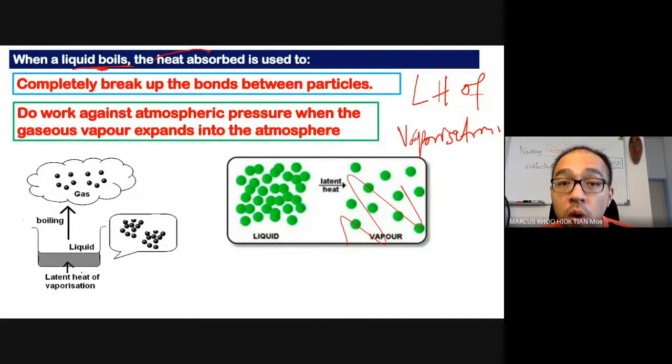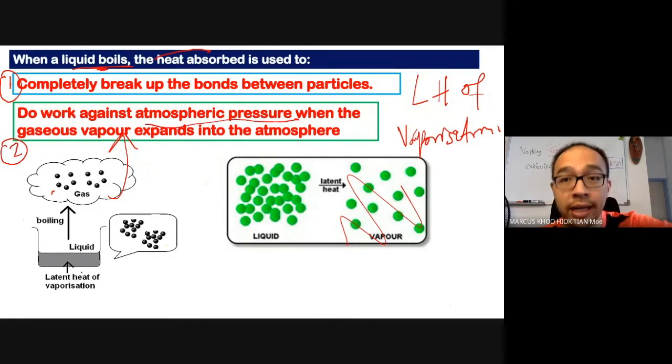You need more heat because, number one, you want to completely break up the bonds between the molecules. Secondly, you have to make sure that the gas is able to go into the atmosphere. It has to work against atmospheric pressure so that it can go up. So there's a lot of heat involved here. Latent heat of vaporization is really a lot.